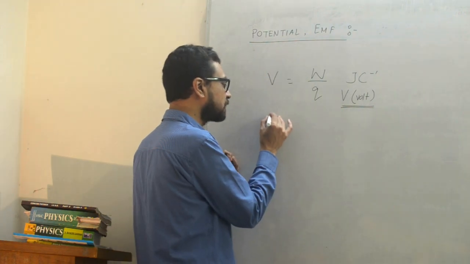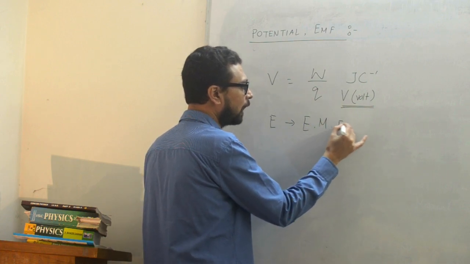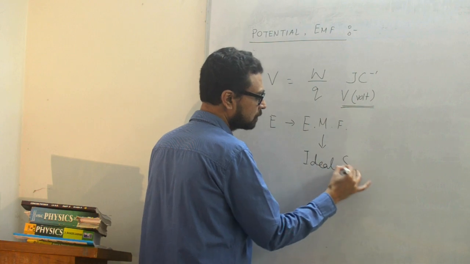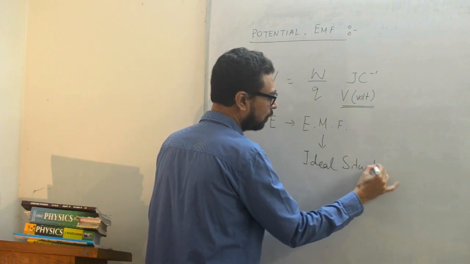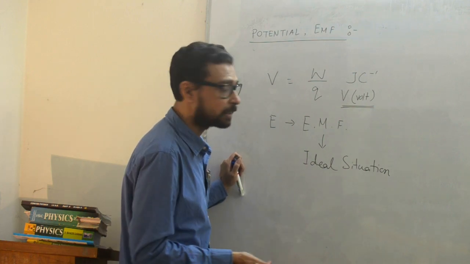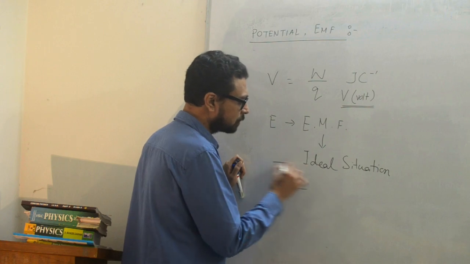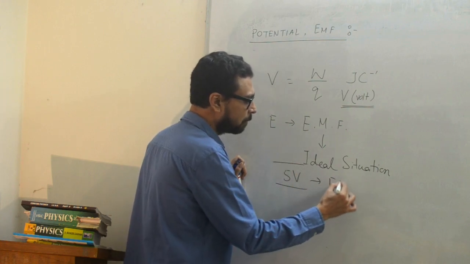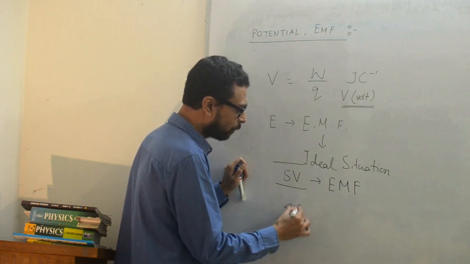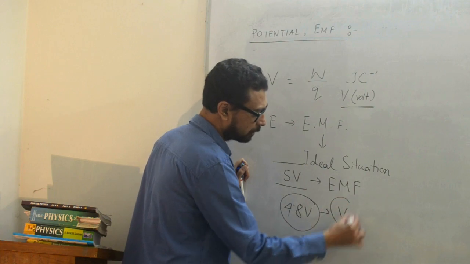So EMF is designated by the letter E, and is basically the ideal situation, or the energy transfer which can occur at ideal situation, and we can calculate. Suppose a battery is marked with 5 volt. So this is the EMF, but when we use it in a circuit, it may show you 4.8 volt in the circuit. This is the potential V.